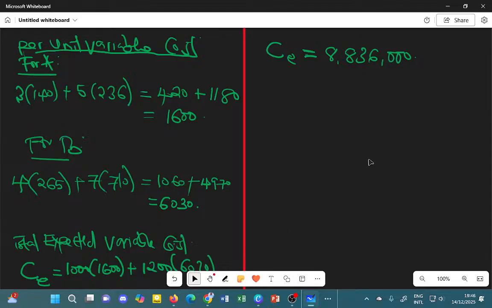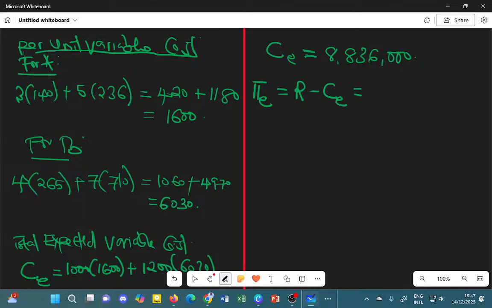So that's that. Then expected profit. So if that is that, then expected profit, I would again use that symbol for profit, would then be expected revenue minus expected cost.